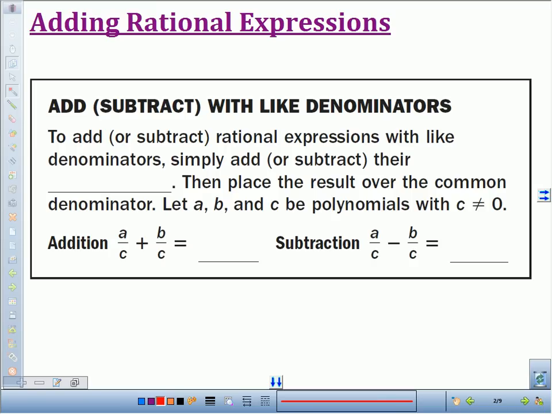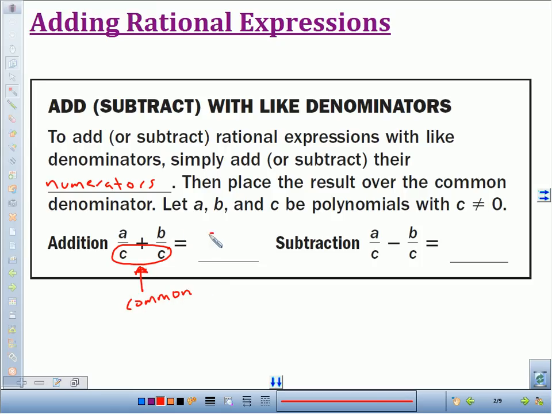In order to add or subtract rational expressions that have the same denominator, we have to add or subtract their numerators. If the denominators are already the same, we add and subtract the numerators, and then we put them over the common denominator. So in this case, we have a over c plus b over c. They have the same denominator, that's a common denominator.